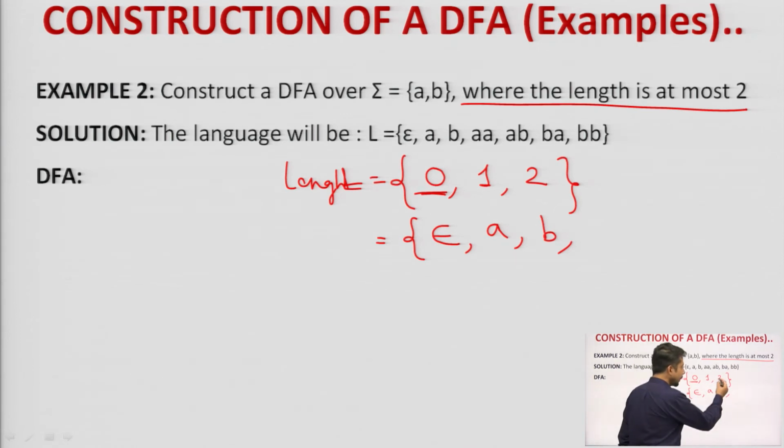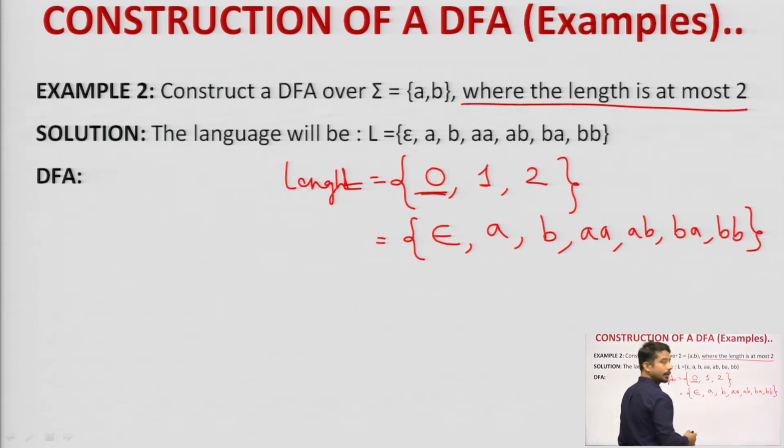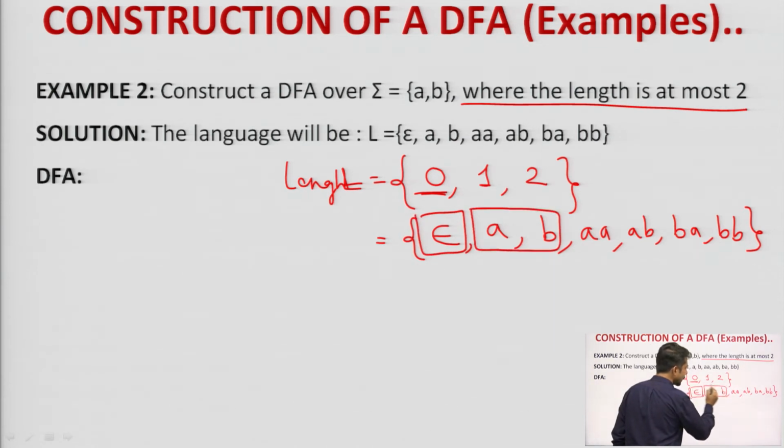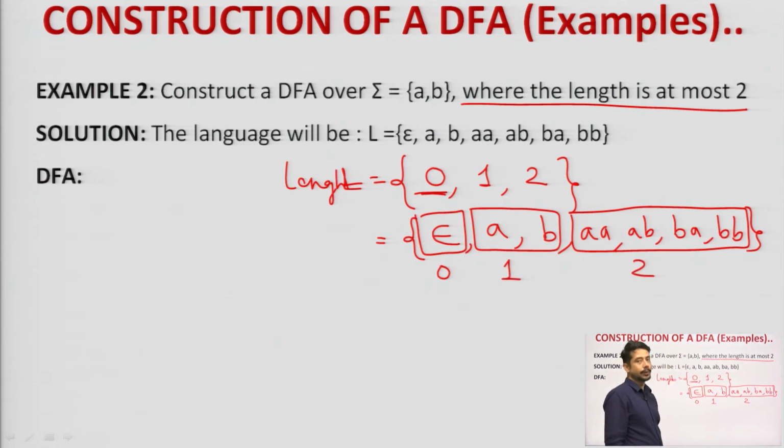If length equals 2, just now we have done it in the previous example: AA, AB, BA, BB. So, will there be any more strings? No, till now we have satisfied. So, this is for length 0, this is for length 1 and this is for length 2. So, 0, 1 and 2. I hope you got the language right now in the form of strings, which I have already mentioned over here.